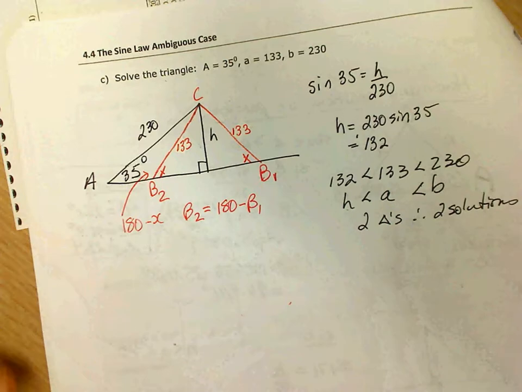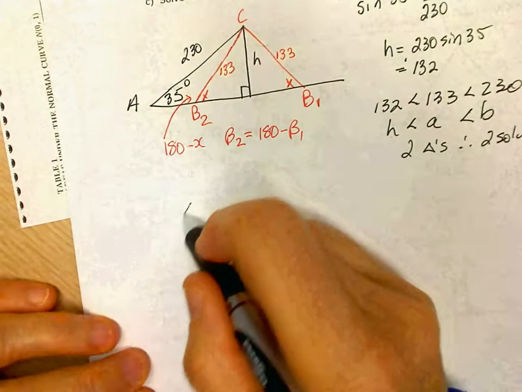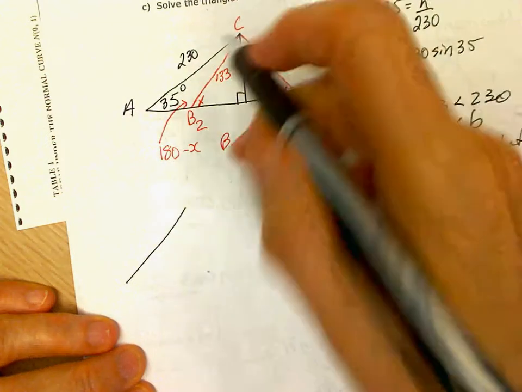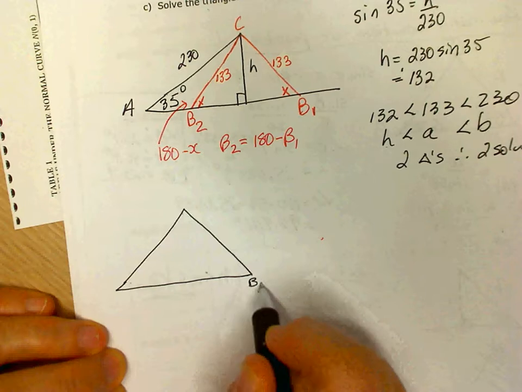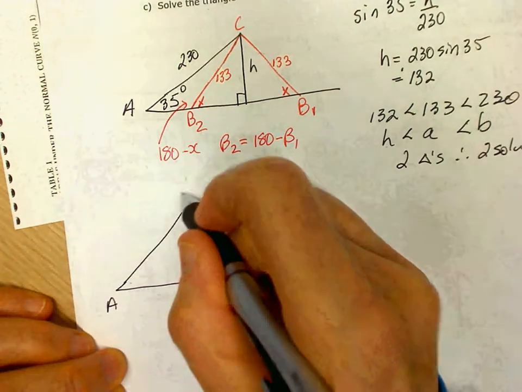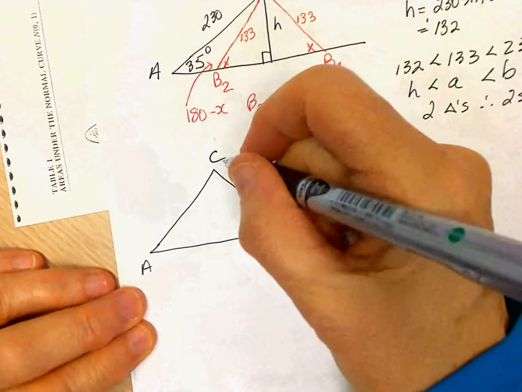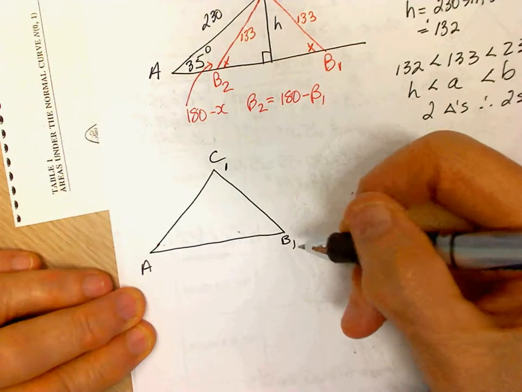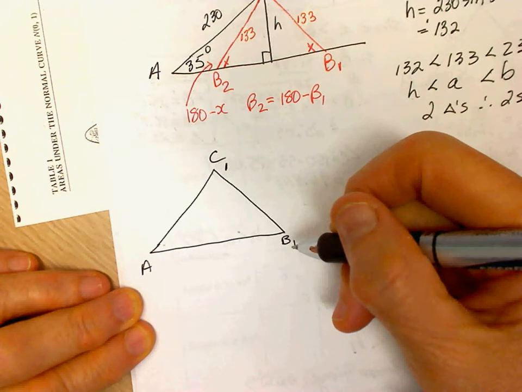So let's do this triangle first. We'll call that C1 to correspond with B1, just so we can distinguish between what we're doing. We know angle A is 35 degrees.